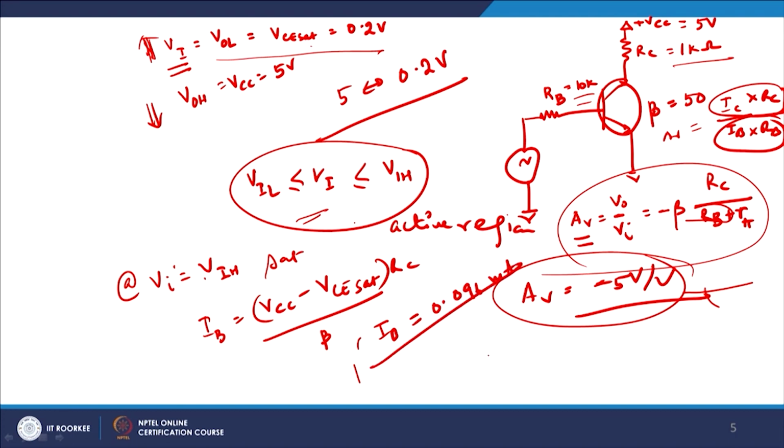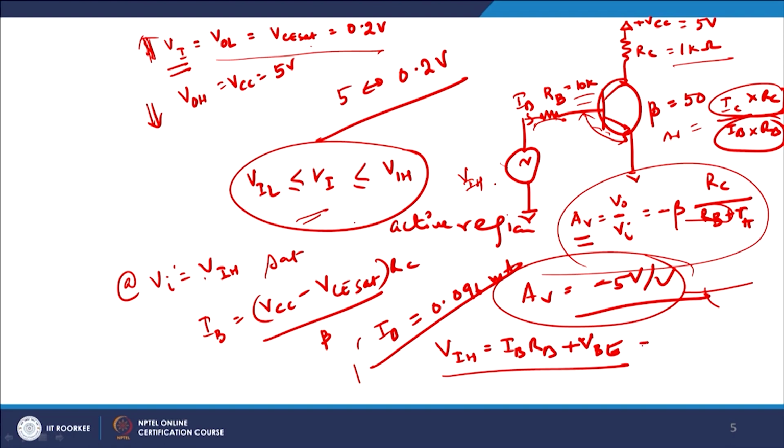So, it is of the order of microamperes. Now, I can write VIH equals IB times RB plus VBE. This voltage VIH, let us suppose the DC bias, is equal to the voltage across RB plus the voltage across the base-emitter. If you add these two together, I get VIH equals IBRB plus VBE.